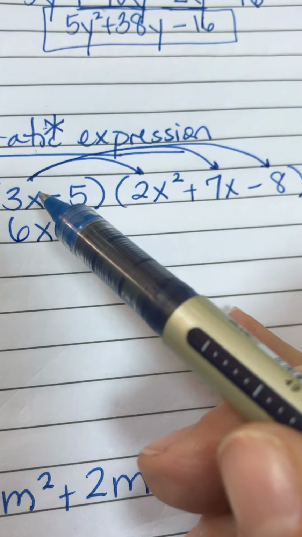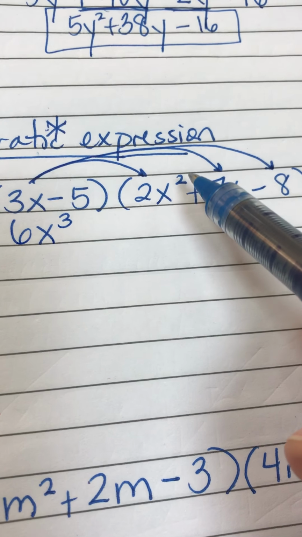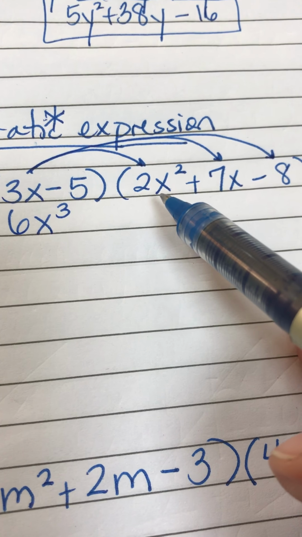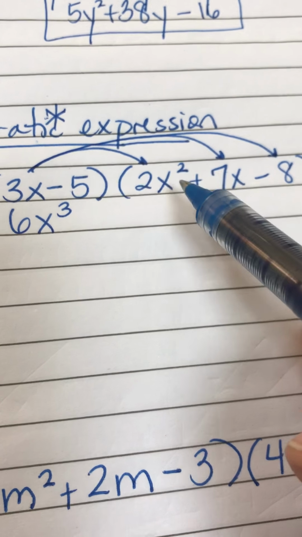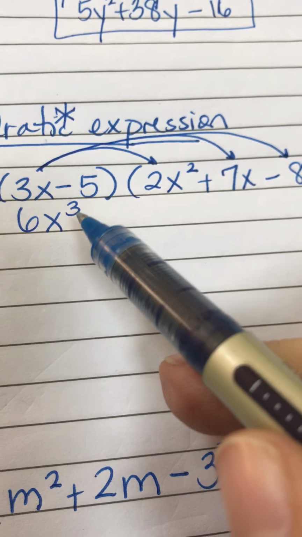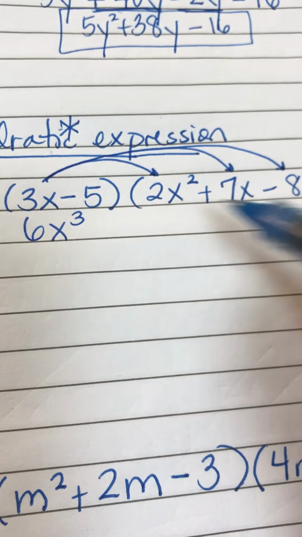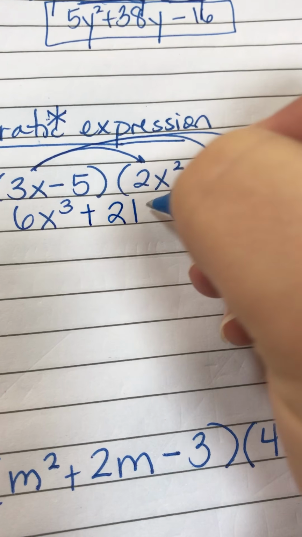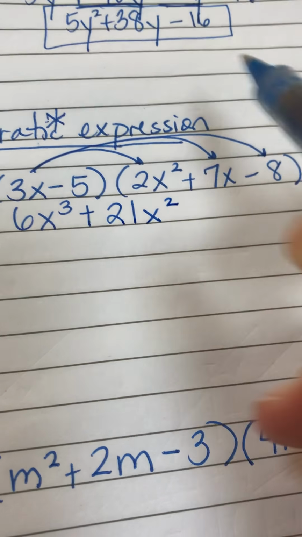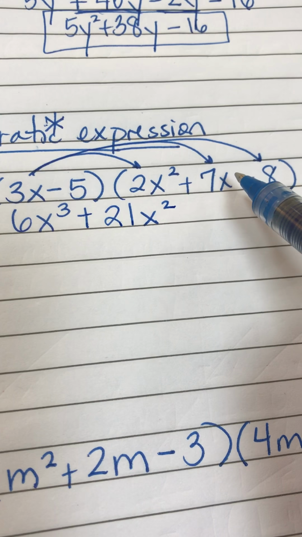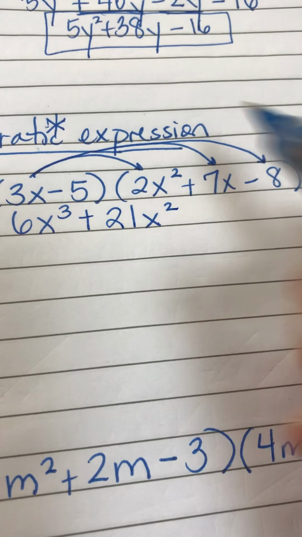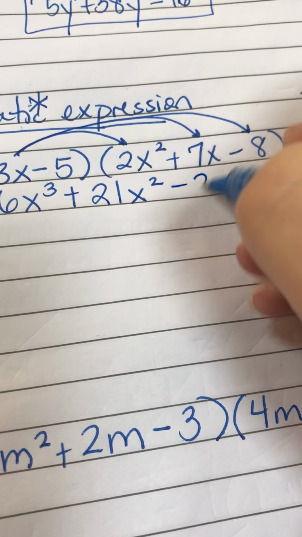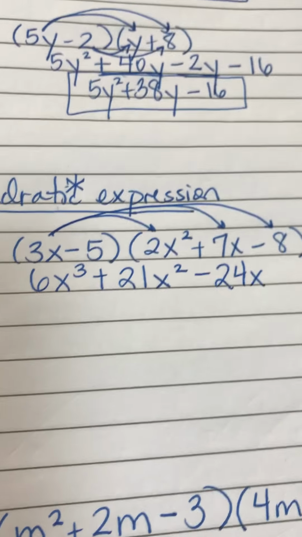Remember, when multiplying like bases, we add the exponents. Then 3x multiplied by 7x is a positive 21x squared. Last part, 3x times negative 8 would give me negative 24x for that part.